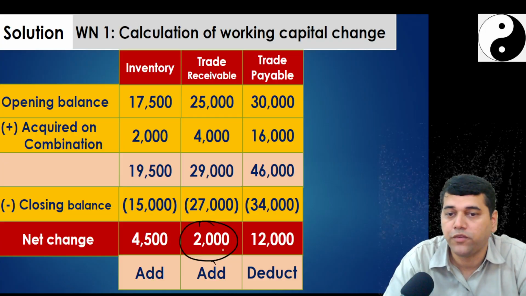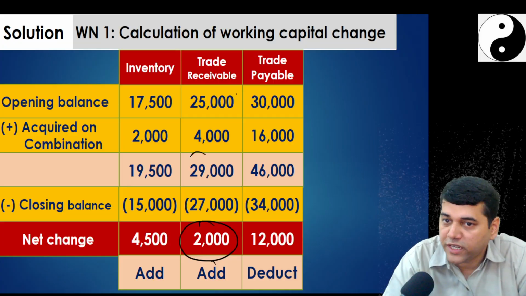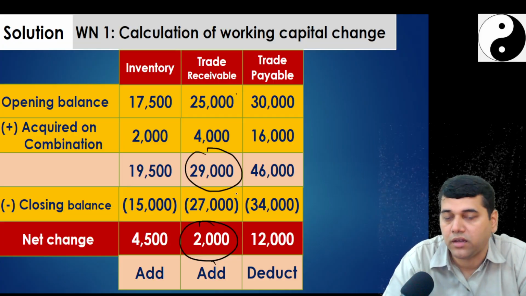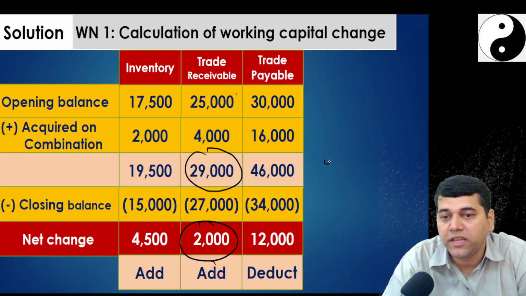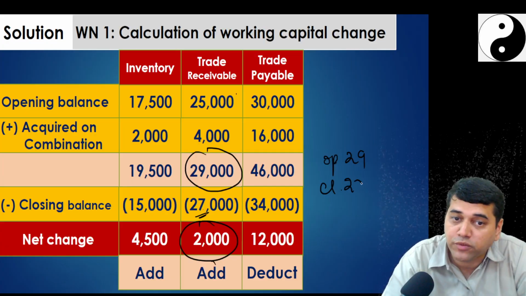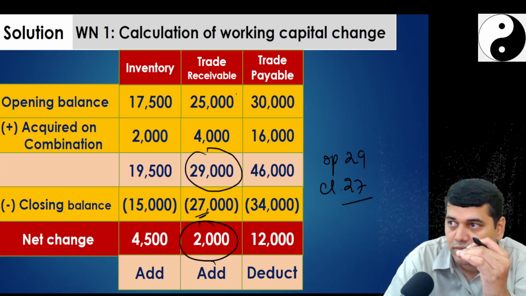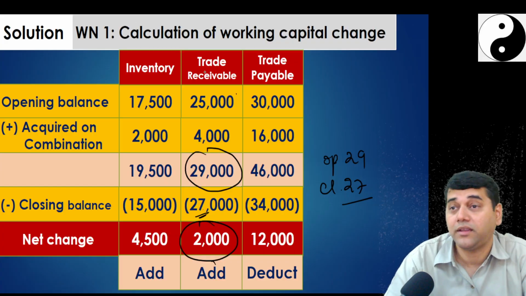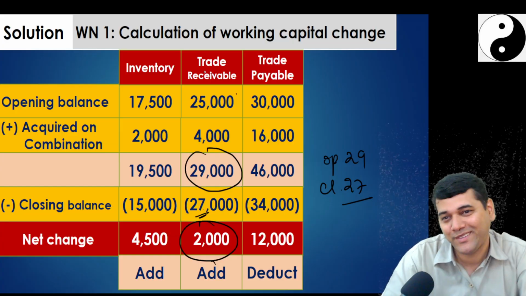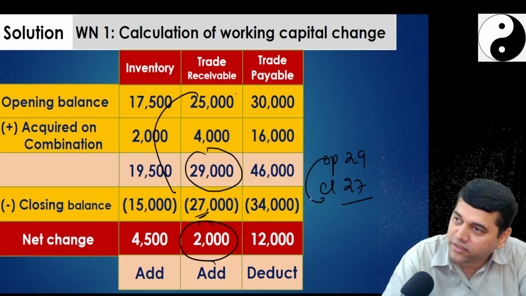And decrease in payable. So for this, what was your opening? 25. Did you get this 29? Now your opening was 29, closing balance in the closing balance sheet is 27. So your debtors decreased. The numbers are nicely crafted. You see, 25 to 27 is exactly 2, and 29 to 27 is also 2.